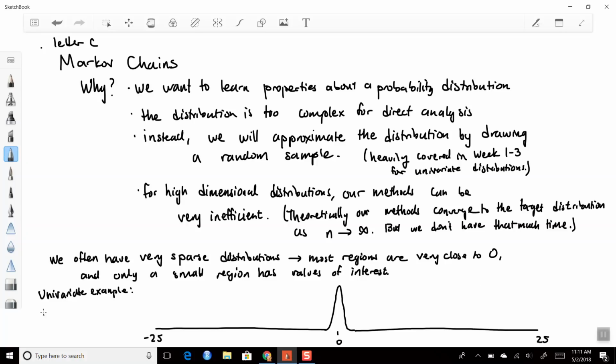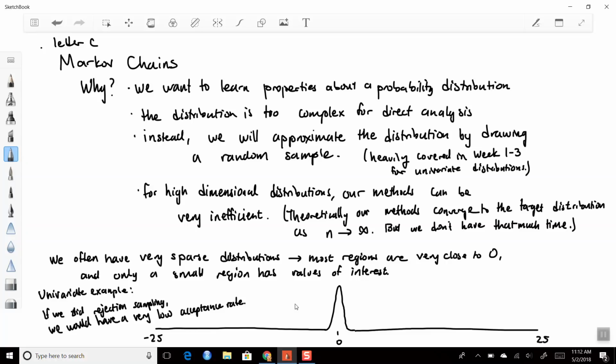So if we did rejection sampling, we would have a very low acceptance rate. Okay, and that would be very inefficient, right?